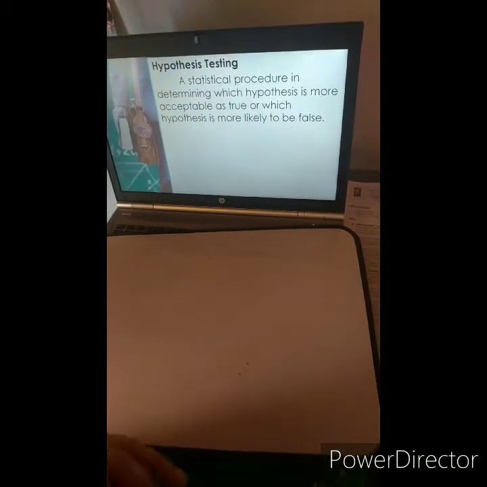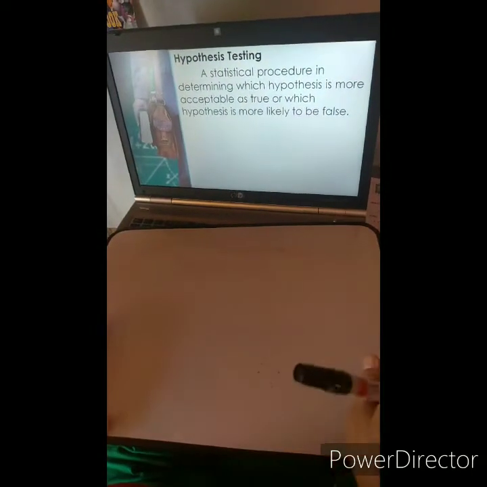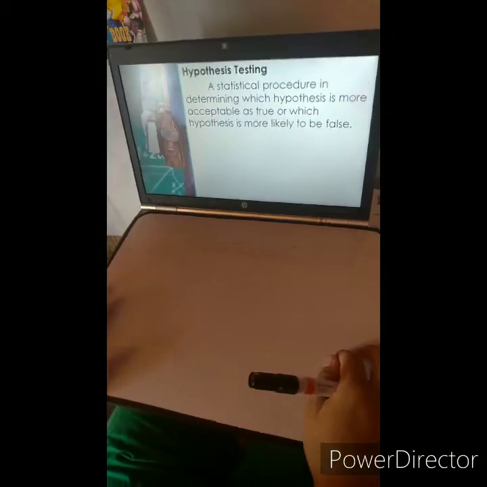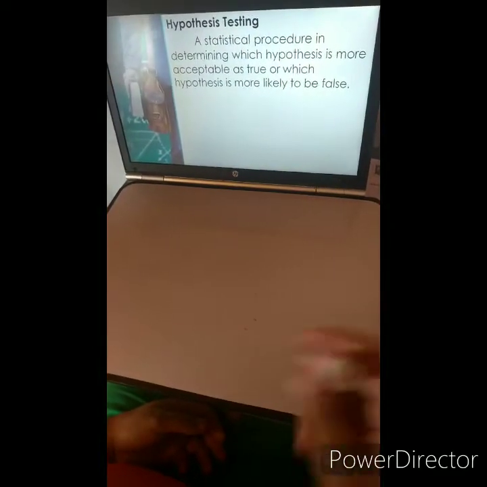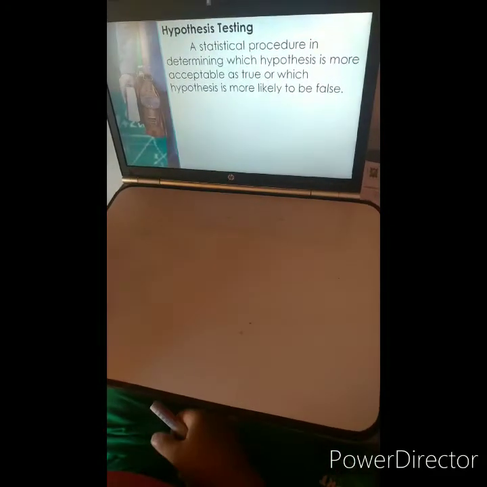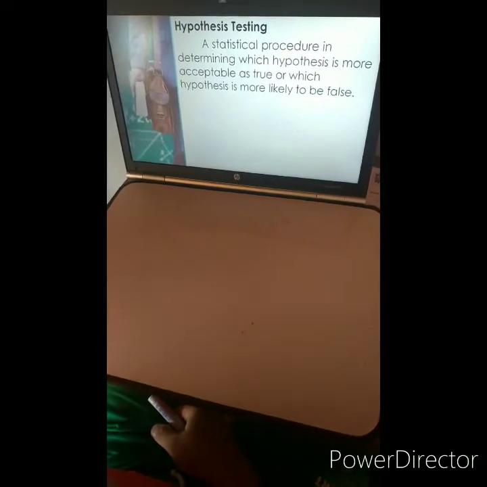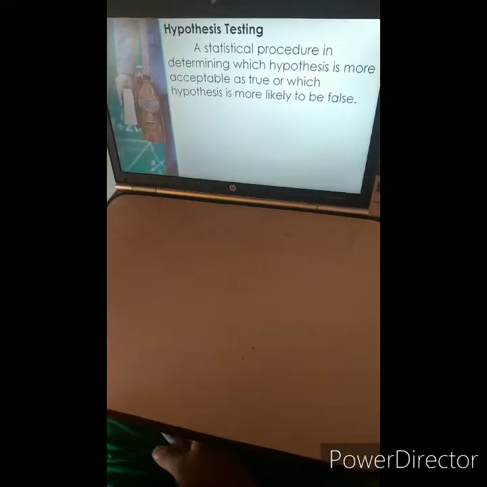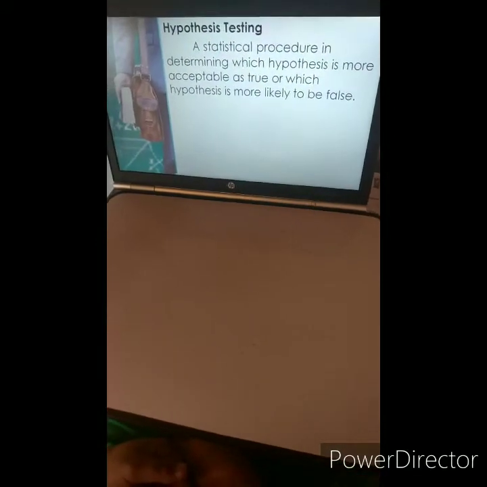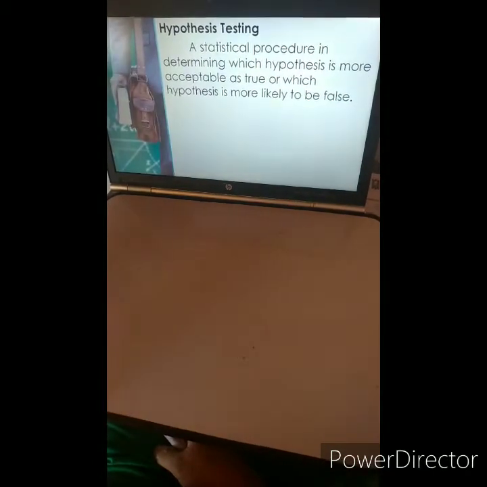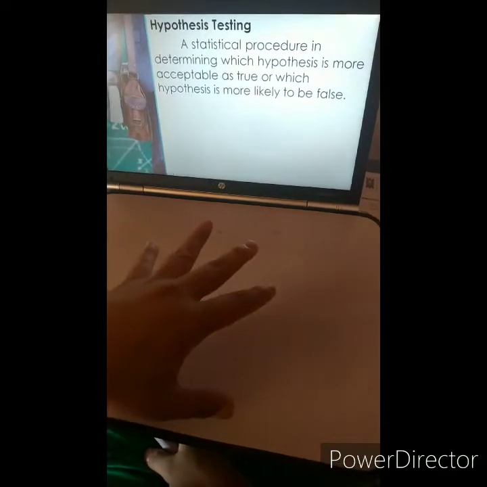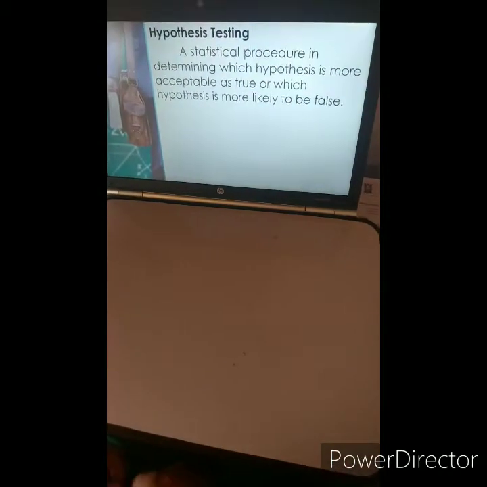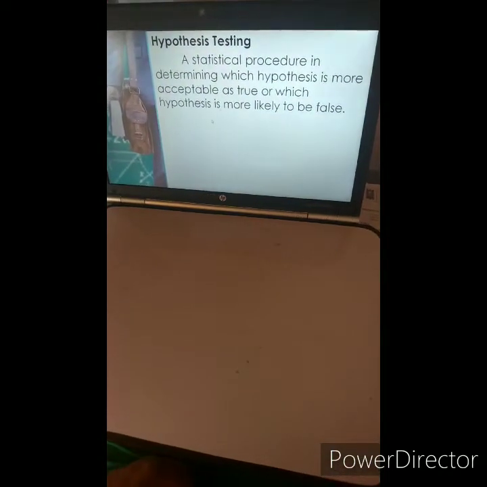Sometimes during our elementary days, there's this step in scientific procedures that you call formulate a hypothesis. A hypothesis is the probable output of a certain study, and hypothesis testing is the process in which you test that hypothesis if it's true or false.